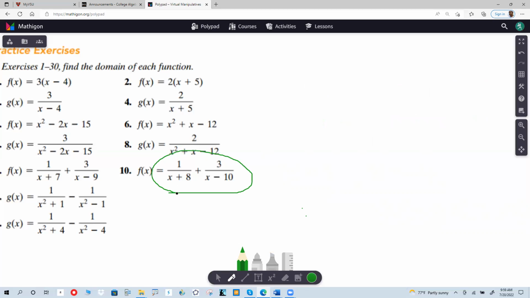They both have to be always positive or negative, but they can't be 0. What number would make the denominator of f of x 0, guys? Anyone? Don't be shy.